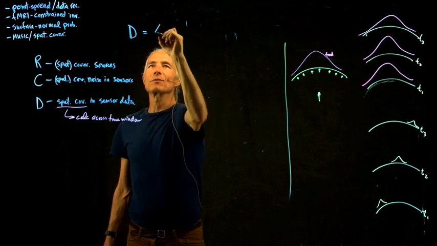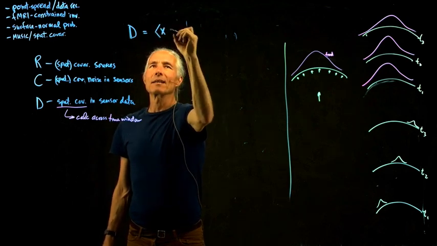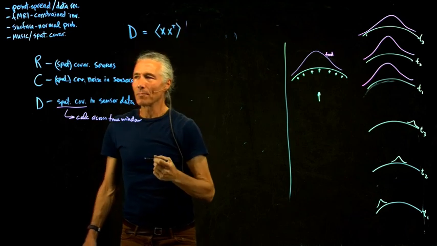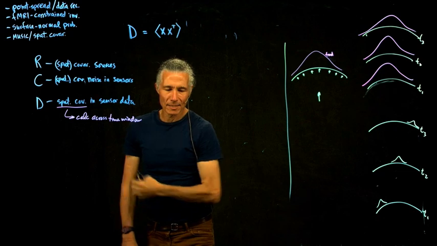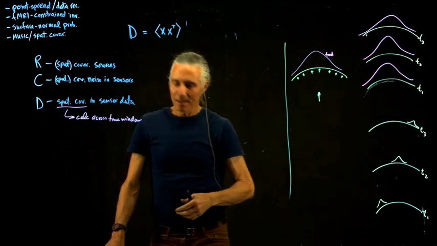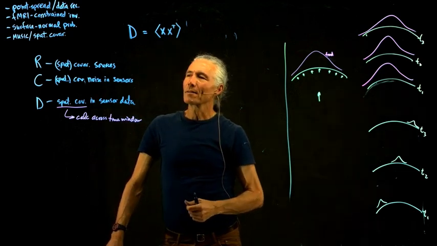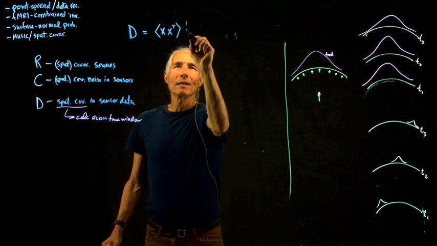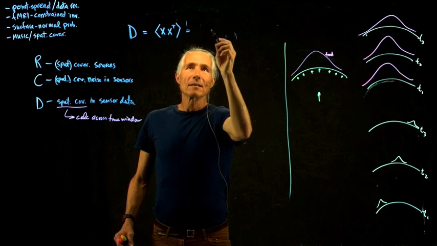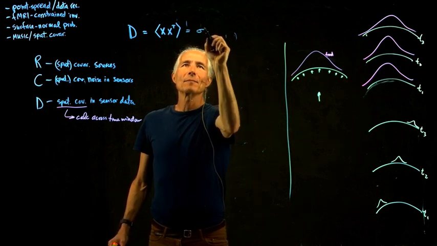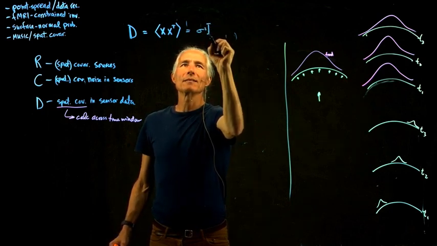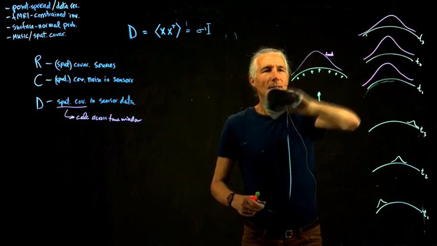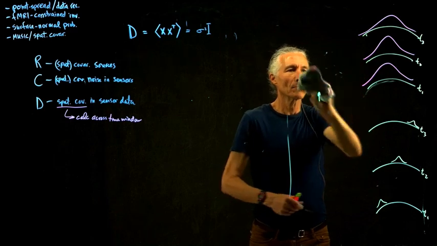Well, it's just equal to all our data over time, multiplying all the different possible combinations of vectors by each other. If we write that out in more detail, we're going to have to make some assumption about the noise, so we'll stick in some noise. Then basically we just do the two-point correlations of every possible sensor.